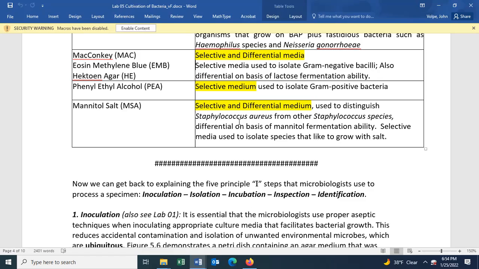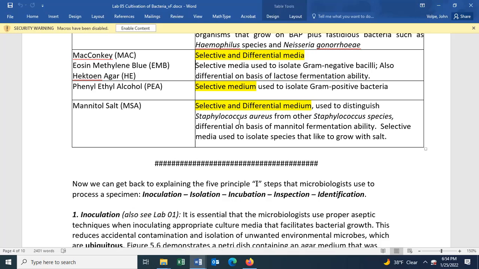Mannitol salt agar has 7% sodium chloride in it, and most bacteria will not grow above 1 to 2% salt, and this has 7% salt in it. And mannitol salt is something I may ask you what is in it, because it tells you in the name what's in it. It has salt in it, sodium chloride, 7%, and it has the sugar mannitol in it.